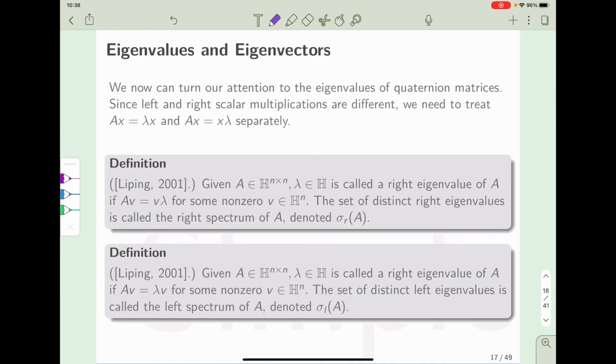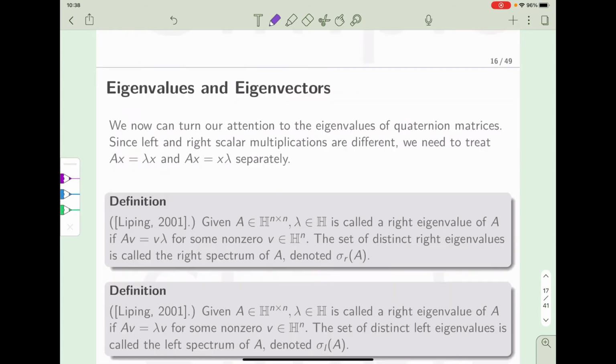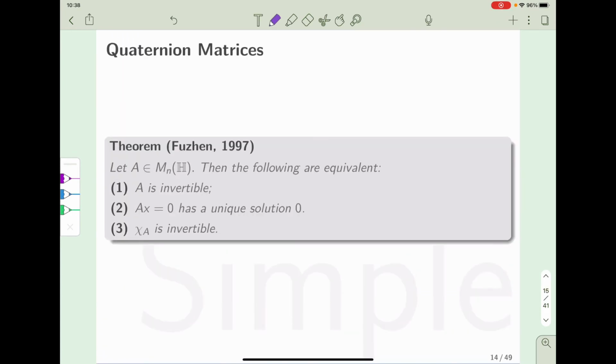Since non-zero quaternions are divisible, we can actually have more equivalent statements. For example, an invertible quaternion matrix can be reduced to the identity by elementary row operations.